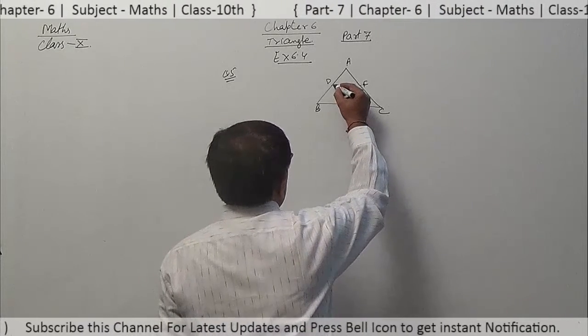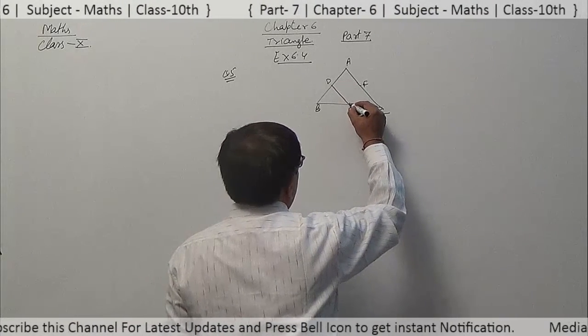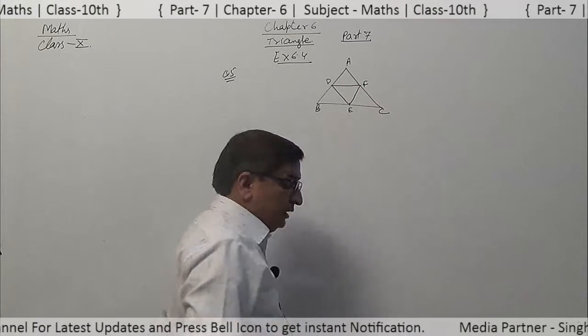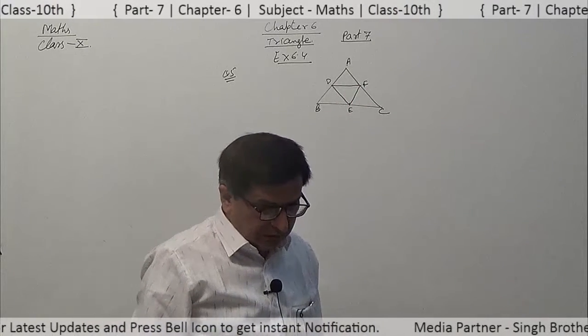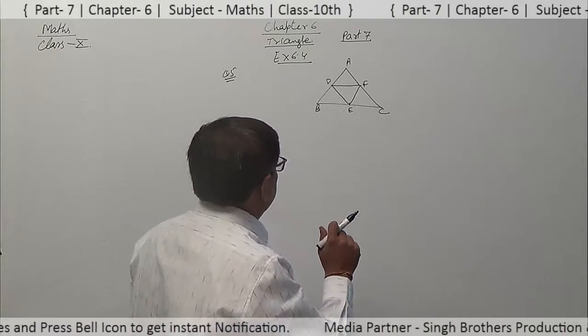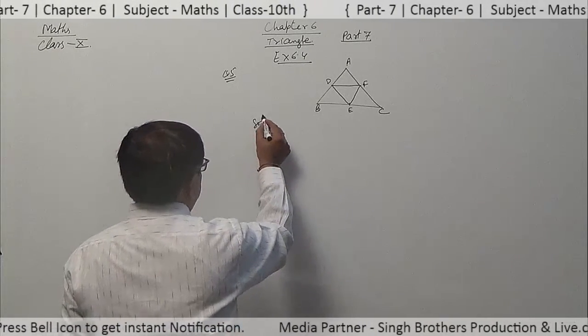The triangle formed is DEF. Now find the area of triangle DEF and triangle ABC. Now see the solution.